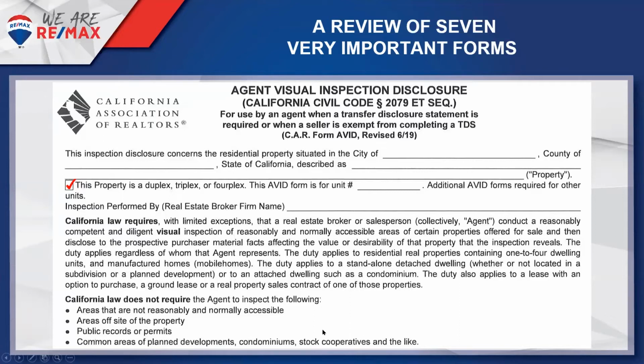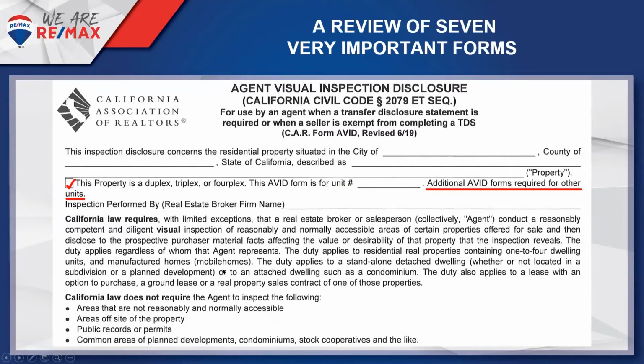I would recommend you do 3 TDSs, one for each building on the property, but you can't require it. Not the same with visual inspections, with the AVID. With the AVID, if it's a duplex, a triplex, or a fourplex, then this AVID is only for one unit, and you add additional AVIDs for the additional units.